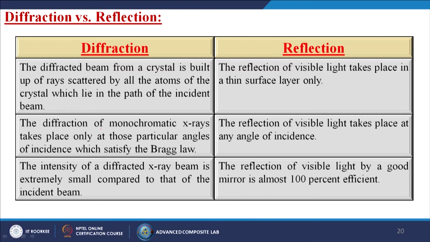The diffraction of monochromatic X-rays takes place only at those particular angles of incidence which satisfy Bragg's law. The reflection of visible light takes place at any angle of incidence. The intensity of a diffracted X-ray beam is extremely small compared to that of the incident beam, whereas the reflection of visible light by a good mirror is almost 100% efficient.